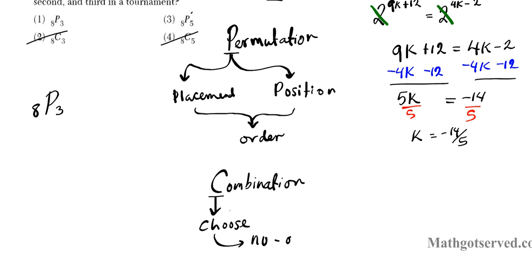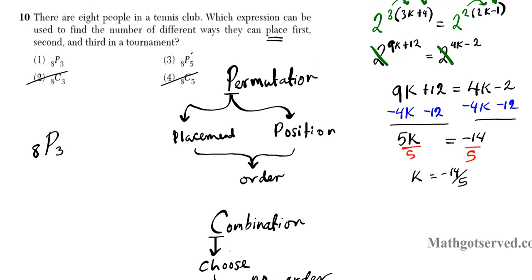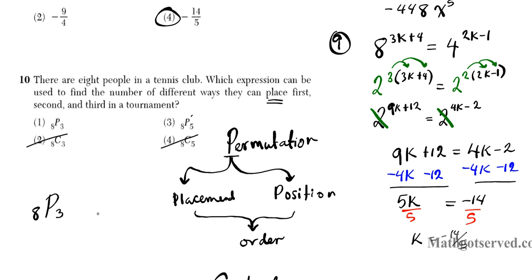If you select 1 2 3 or 3 2 1, it doesn't matter how you order them, they all count as the same. In this case order is important, so we have permutation, and we're placing 3 elements, so your final answer is 8P3. So we can clearly see that our answer is option number 1. Okay, so there you have it.